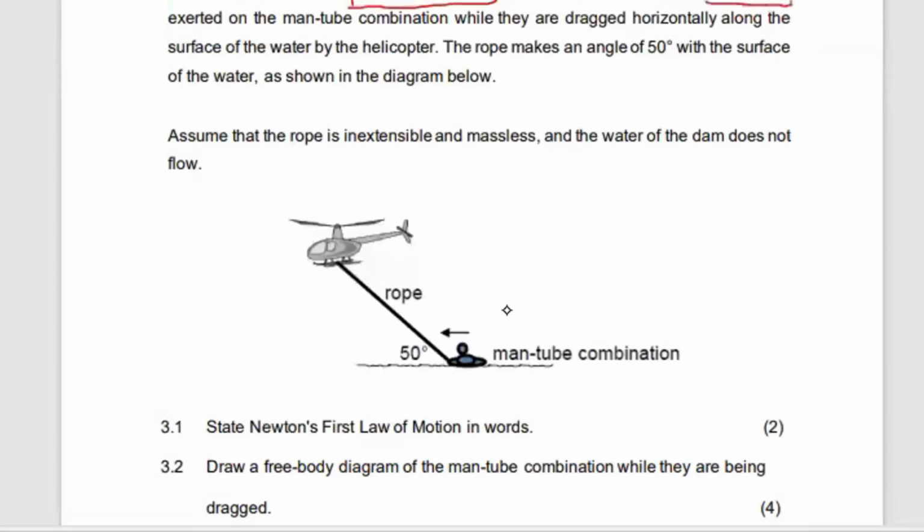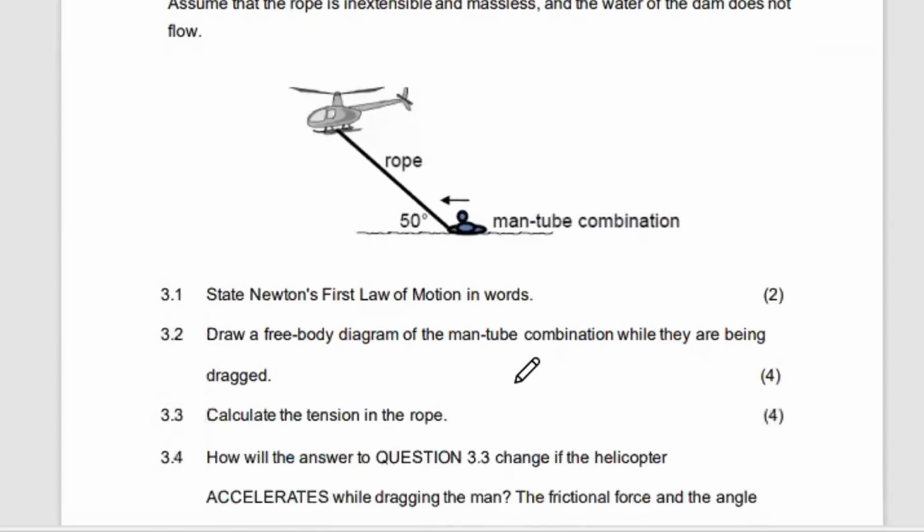The average frictional force they gave us is the surface of the water and the helicopter, then the rope makes 50 degrees to the surface of the water as shown. They want us to state Newton's first law of motion.